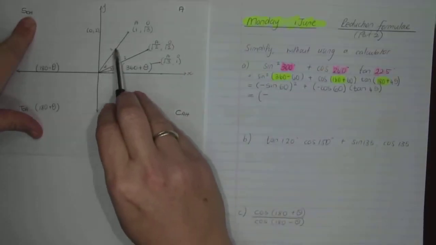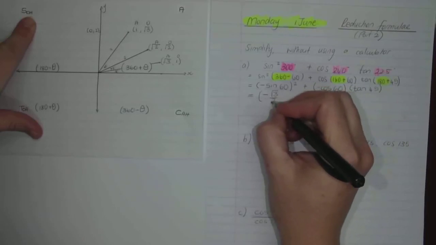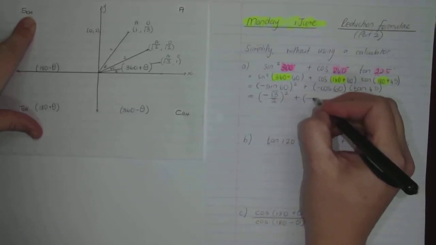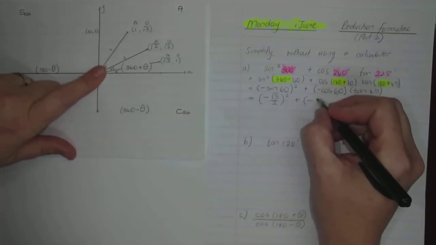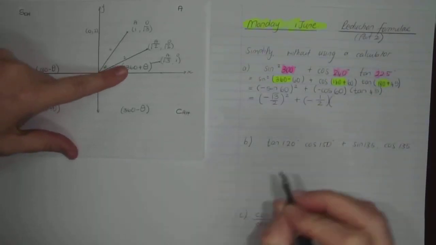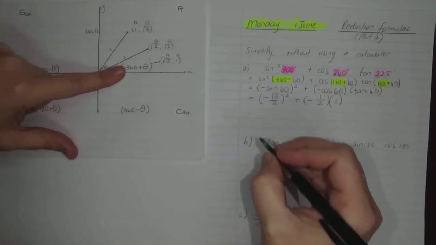At 60, I see that it is square root of 3 over 2, and that must be squared. Cos 60 is A over H, and tan 45, by now I hope you know it's square root 2 over square root 2, which is 1.